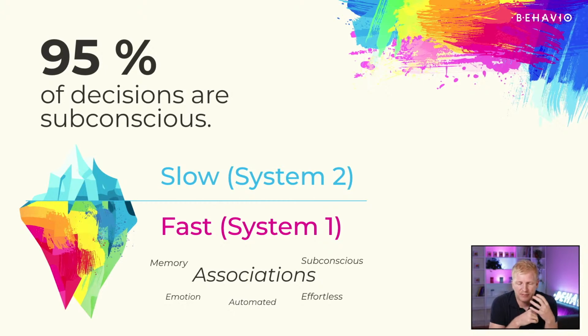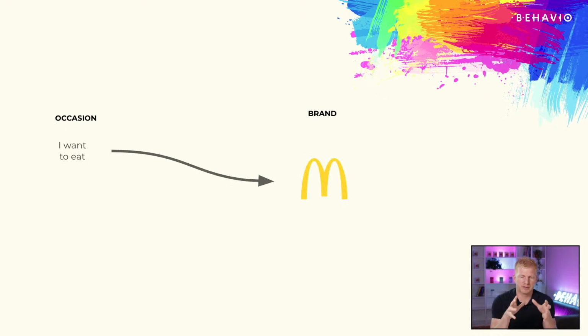And basically the basic principle here is memory retrieval. It's associations, memory maps, applied to marketing. It works like this. We have some situations in our life, occasions, when we need something. So for example, I want to eat. And what happens when I want to eat is that a particular set of neurons or memories, associations in our heads, is activated.